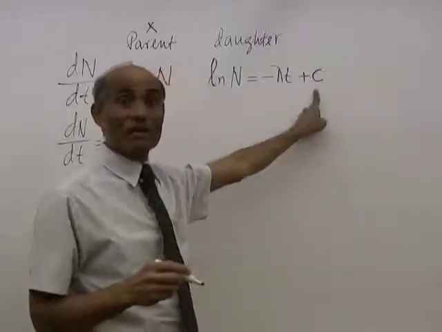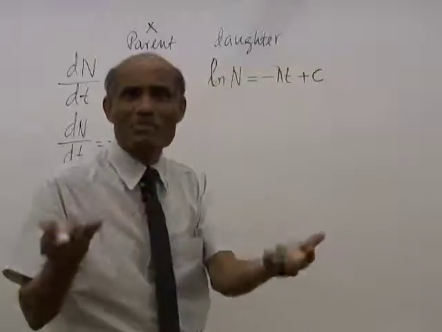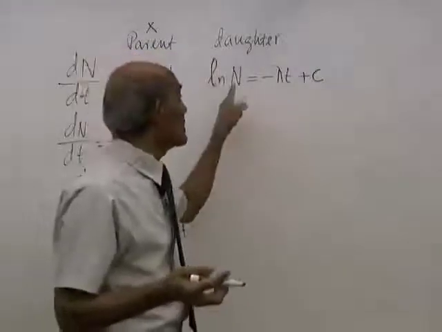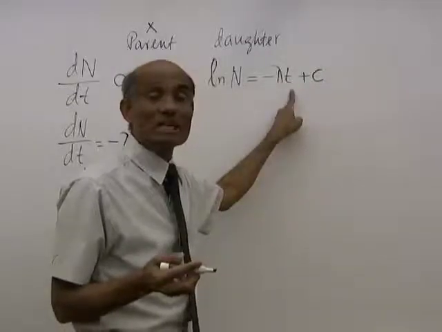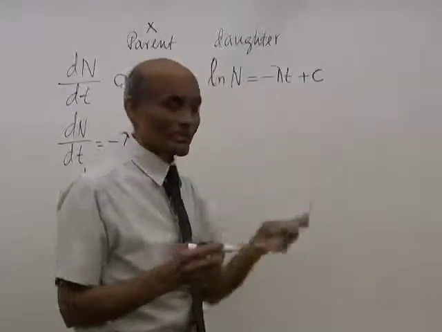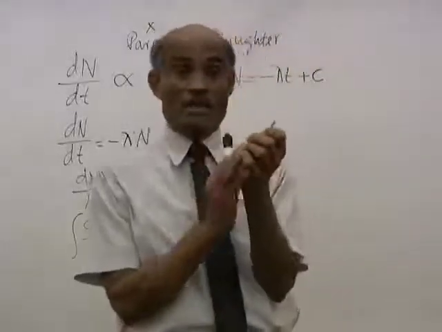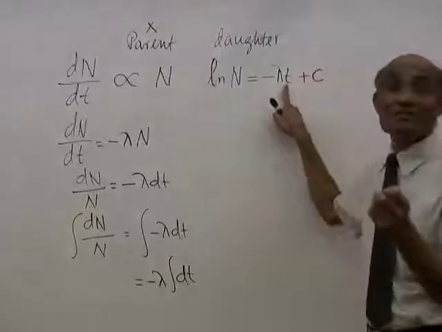That can be found by using what is called a boundary condition. What is a boundary condition? Do you know anything about this n at a known time t? Suppose we say, when you start looking at it, initially means when this t equals 0.